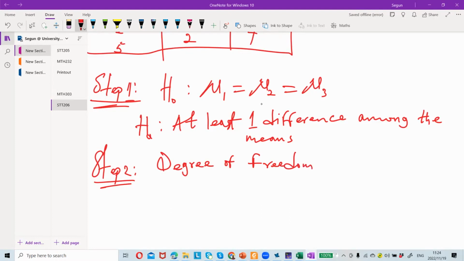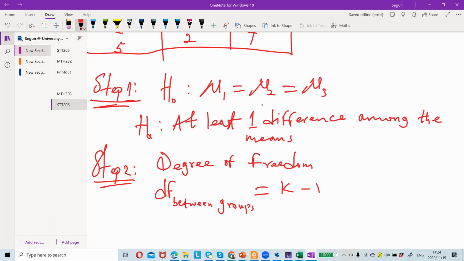Under degree of freedom, we call it DF. DF between groups is the same thing as K minus 1.